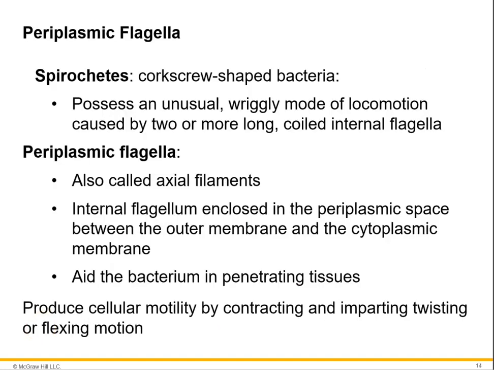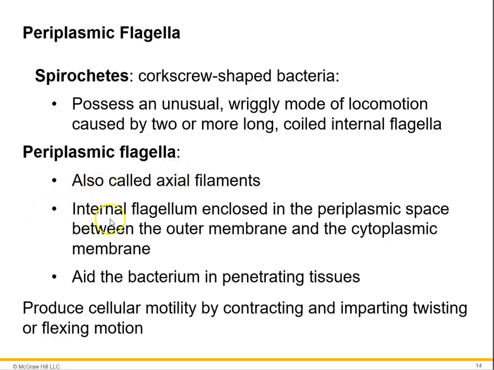All right, periplasmic flagellum. You'll find these in spirochetes, which are corkscrew-shaped bacteria. And spirochetes possess this wriggly mode of locomotion that is caused by these periplasmic flagella. And all these really are is just internal flagella. They're also called axiofilaments.